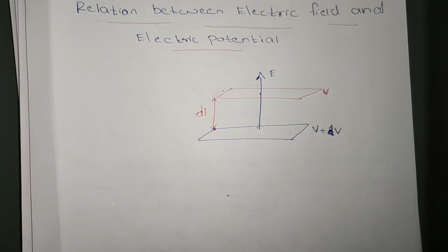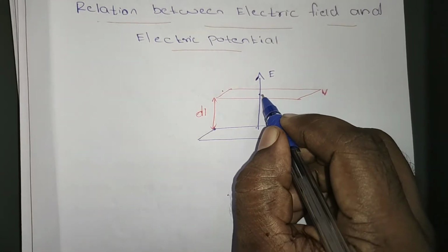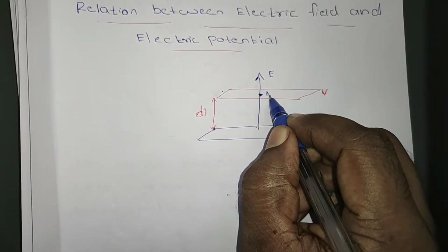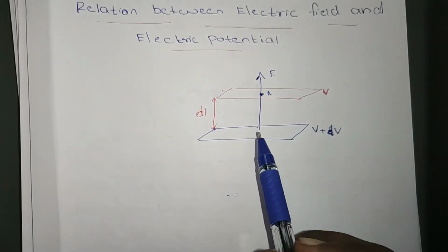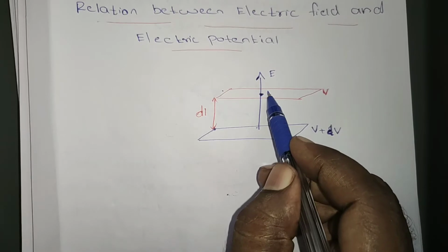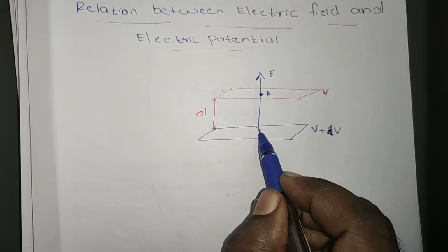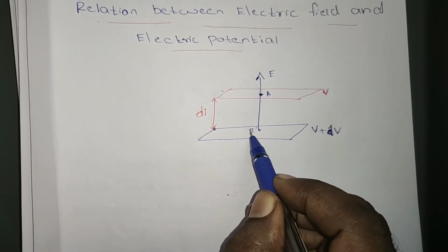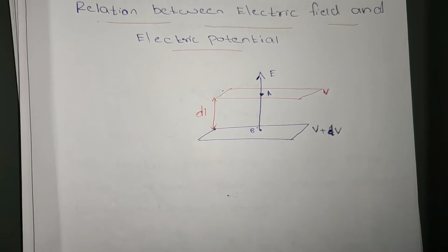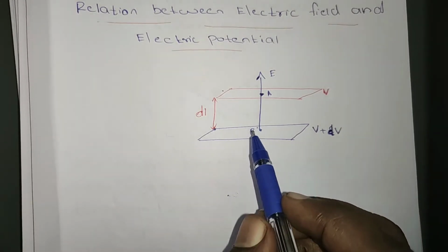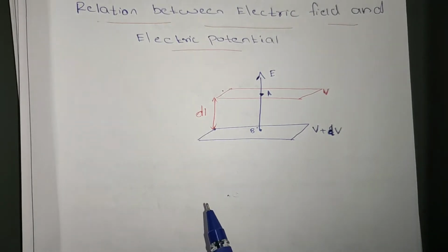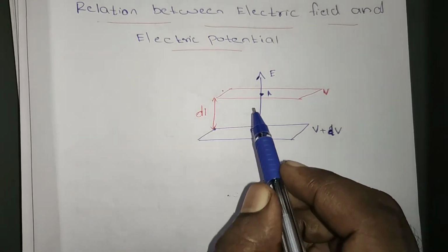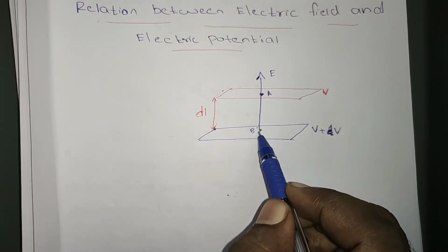Next I am going to consider a point A in this equipotential surface, and a point B in this equipotential surface. Clear? What I want to do is bring a unit positive charge from here to here.